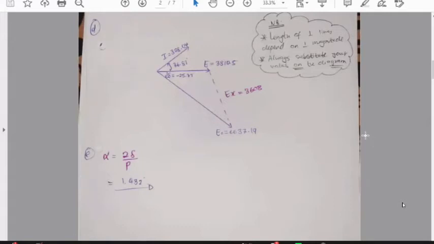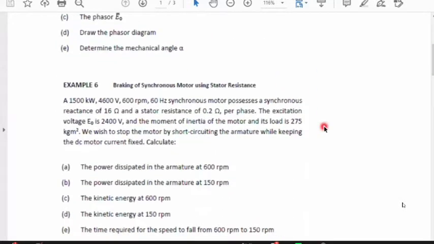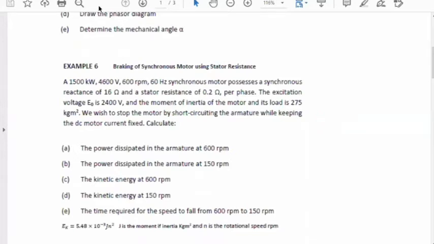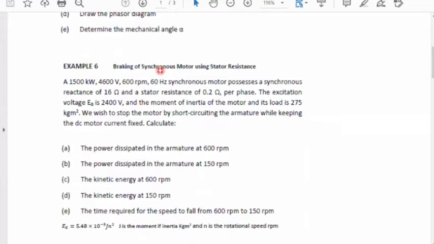All right. Let's go to the next question. Here's the next question. Let's just take a minute and read it. A 1500 kilowatt, 600 RPM, 60 Hertz synchronous motor possesses a synchronous reactance of 16 ohms and stator resistance of 0.2 ohms per phase.